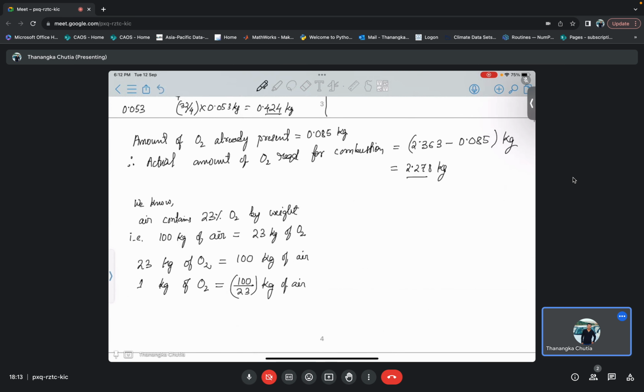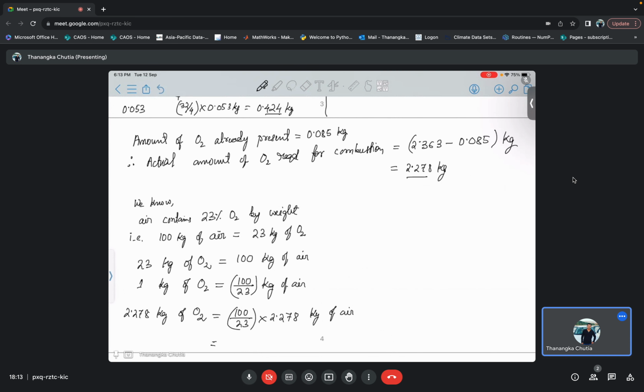Now the amount of oxygen that is actually required is 2.278 kg, which is equal to 100 by 23 into 2.278 kg of air.